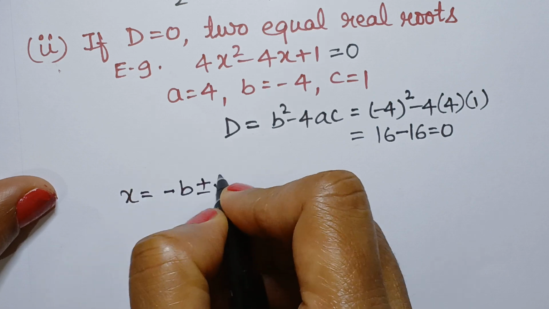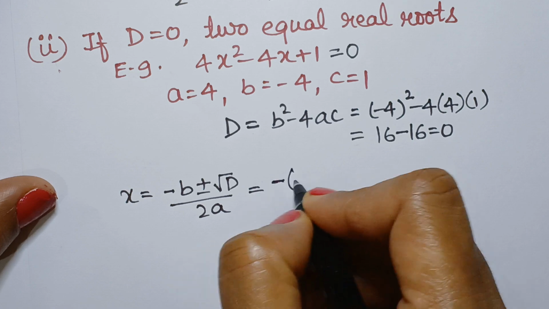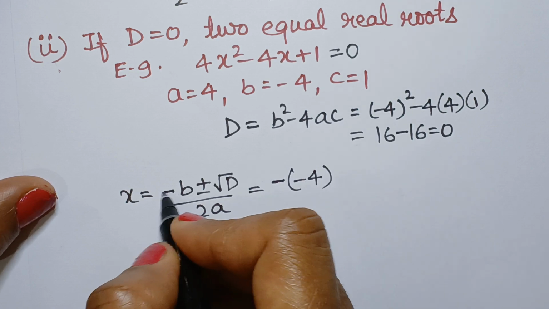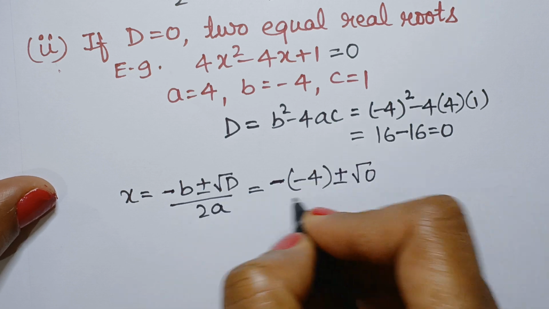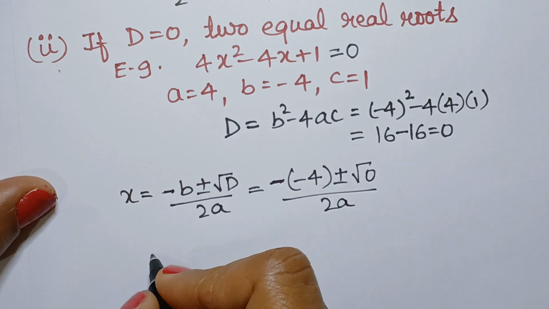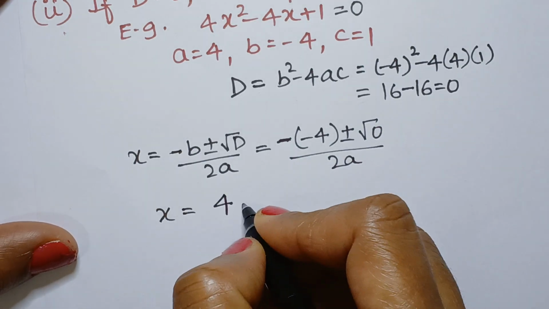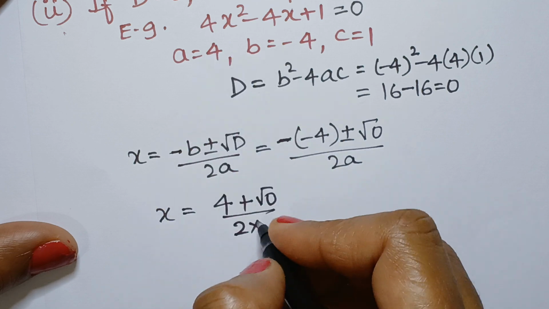Minus b plus minus root D by 2a. Let us substitute the values. b is minus 4, so in place of b, I will write minus 4, and this minus will be intact, and plus minus root 0 by 2a. Let us separate those. Plus 4 plus root 0 by 2. What is a? a is again 4.